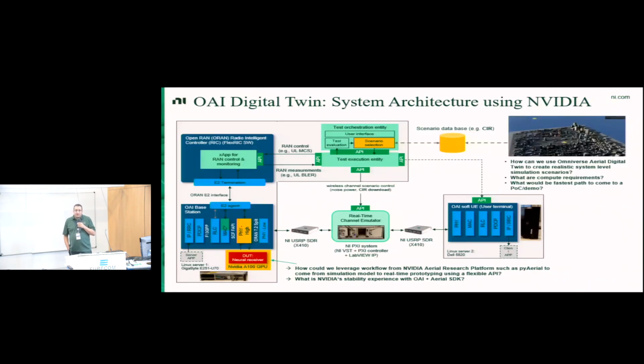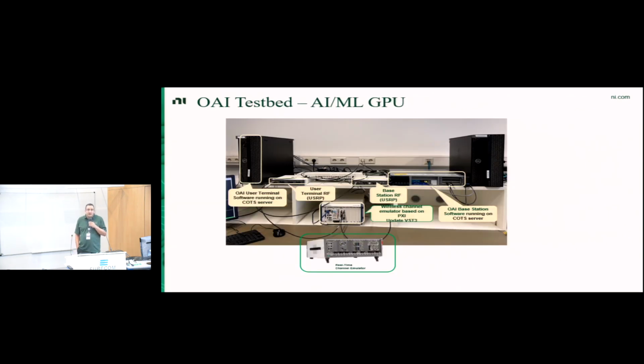We also work with NVIDIA and leverage GPUs and have created a reference architecture based on the DeepRX neural receiver. And we had a demo of that at the IEEE 6G Summit in Dresden, showing the DeepRX receiver optimizing for channel impairments, which were implemented on the vector signal transceiver, which is shown in the green box below.